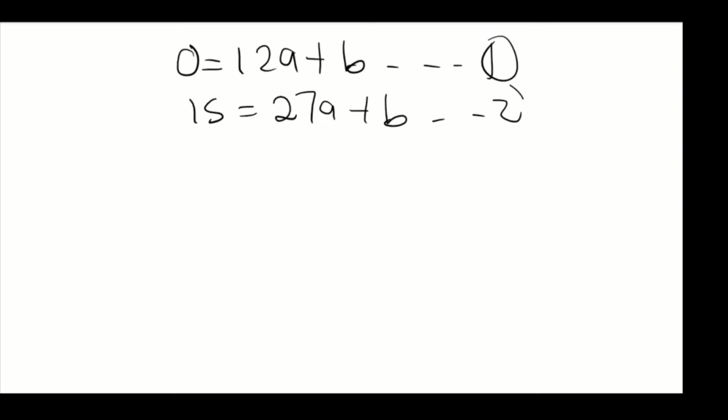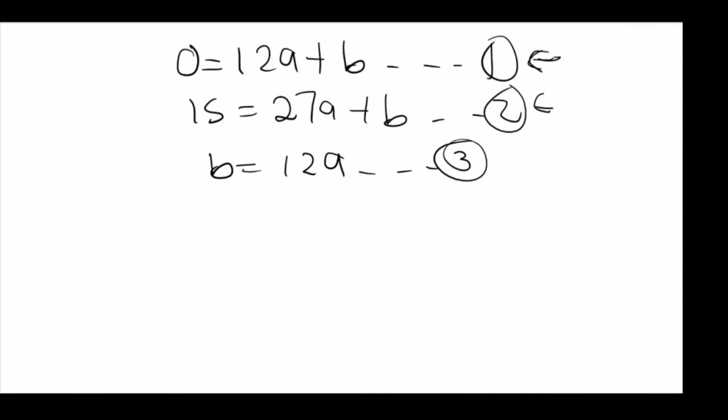So this is equation 2. To write it properly, we can make b the subject in both equations. Starting with equation 1, we can say b is equal to -12a, and say it's equation 3. And then this one here, we can say b is equal to 15 minus 27a. We can say it's equation 4.